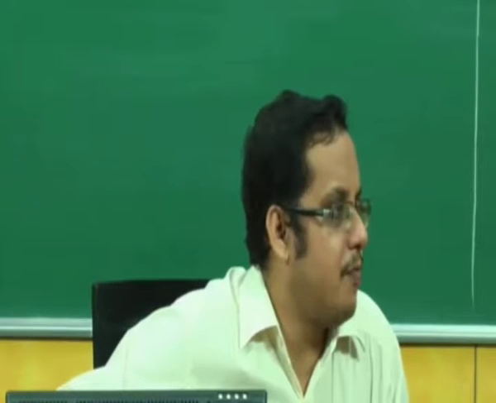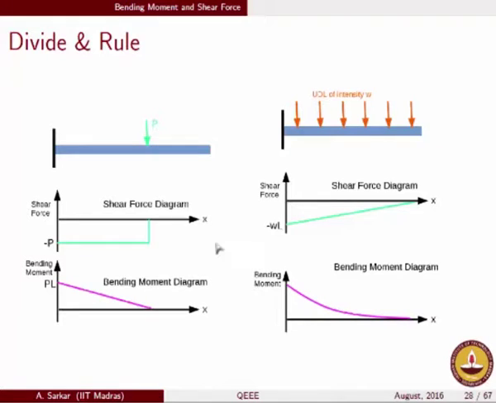KECAP is asking me why a point load has a rectangular shaped graph but a UDL has a triangular shaped graph. I think you are referring to the shear force diagram, that is this one. For a point load, the shear force does not change from the left support to the point of application of the load.